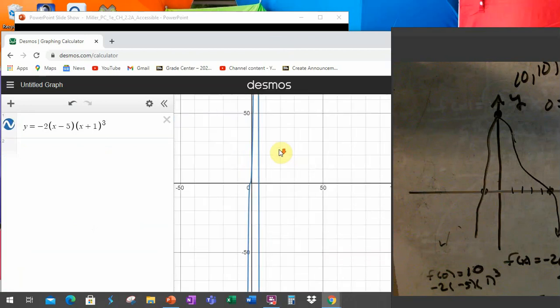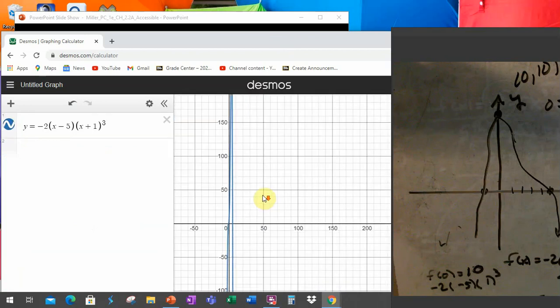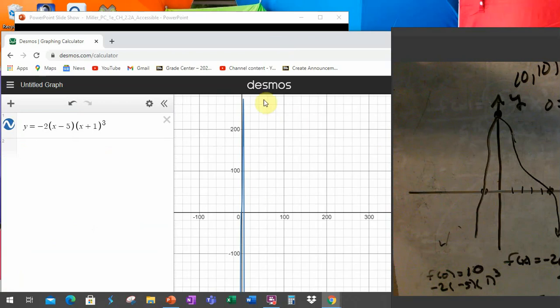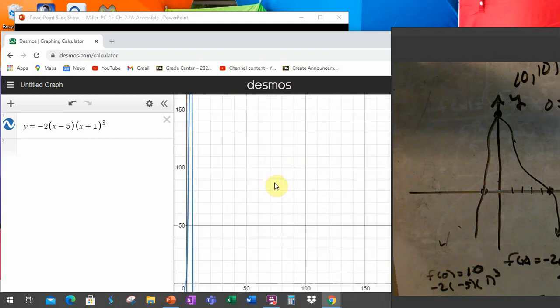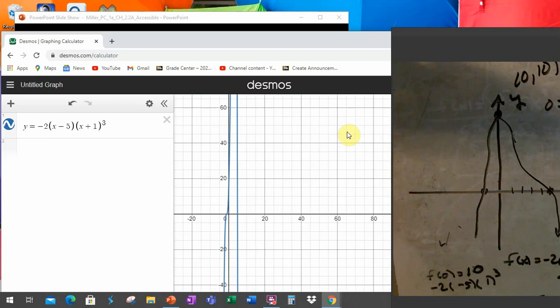And again, this is the local max. I've got a local max that's way up there, okay? But we don't have the information. Later on, when we do calculus, we can know where these local max and local mins are. But this gives us a starting point.